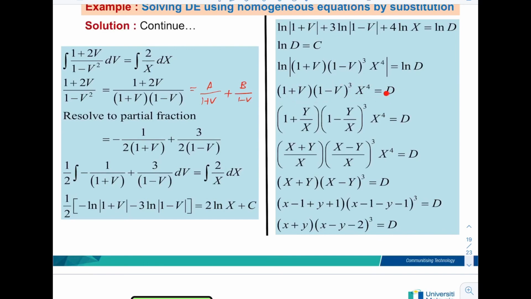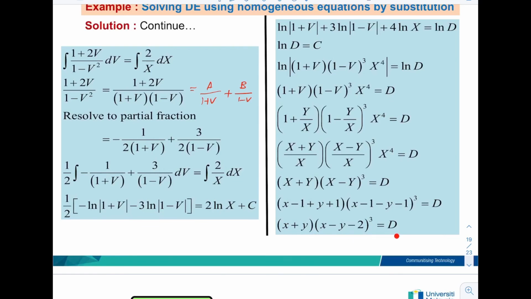From here we can replace v equals Y divided by X, same goes to this side, and then simplify. And finally, don't forget your original equation is in small x and small y.